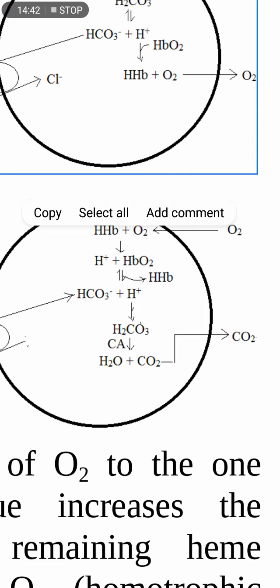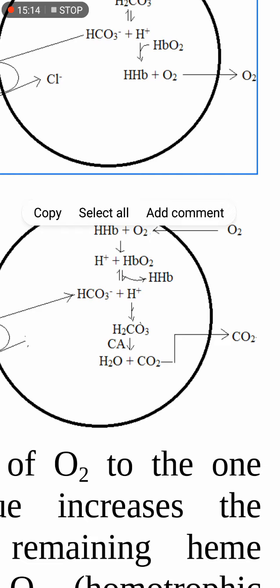Next, what will be the fate of the carbonic acid that is formed? This carbonic acid is broken down into carbon dioxide and water by the same enzyme, that is carbonic anhydrase, and this carbon dioxide enters into the lung and comes out from the lung into the atmosphere.